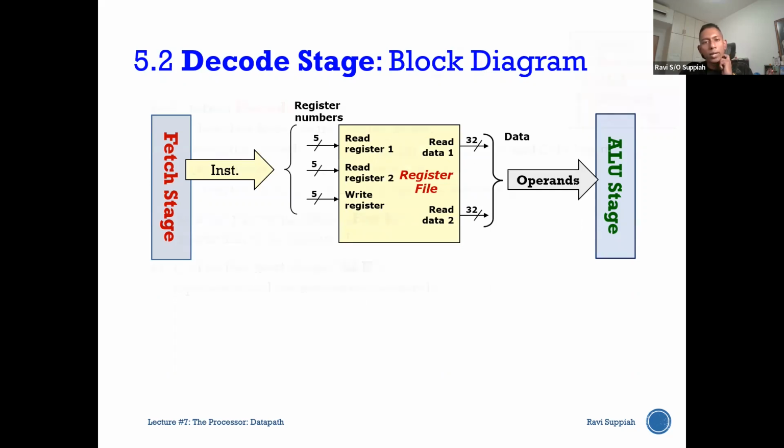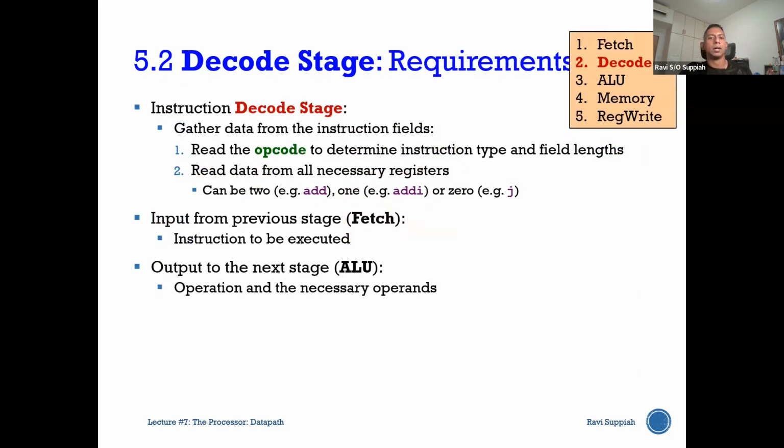The decoding has a few parts to it. Of course, we need to read the opcode to understand what type of instruction it is. And once we read the opcode, we will also know the other fields, correct? Because if it is an R type instruction, then I have RS, RT, RD plus shift and the function field.